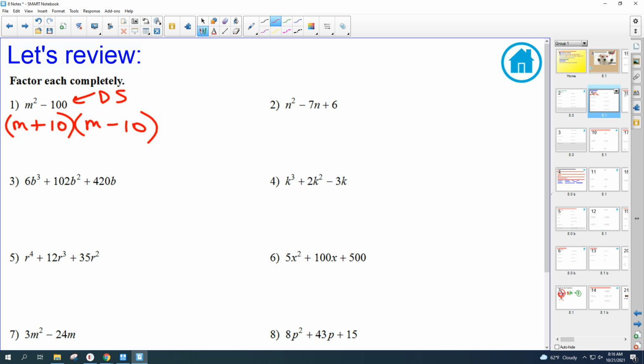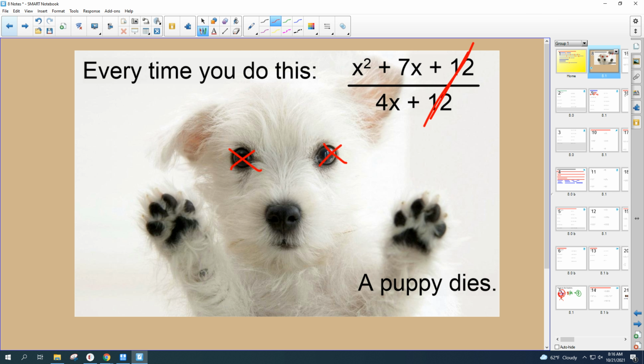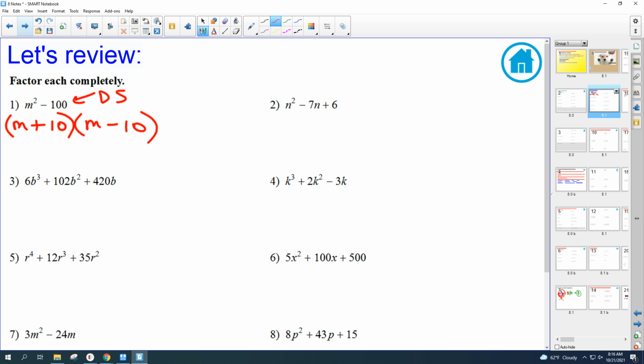This is going to be important because we're not going to be able to cancel out a number that's next to a plus sign, or in this case, next to a minus sign, but we are going to be able to cancel out things that are next to a multiplication. So when it says m minus 10, we might be able to cancel that because it's m minus 10 times m plus 10.